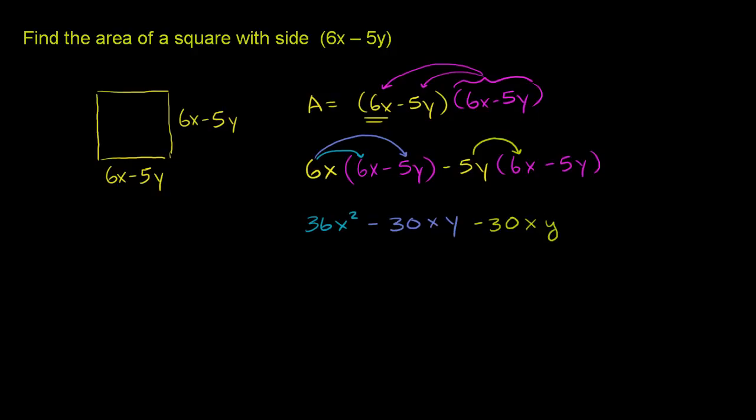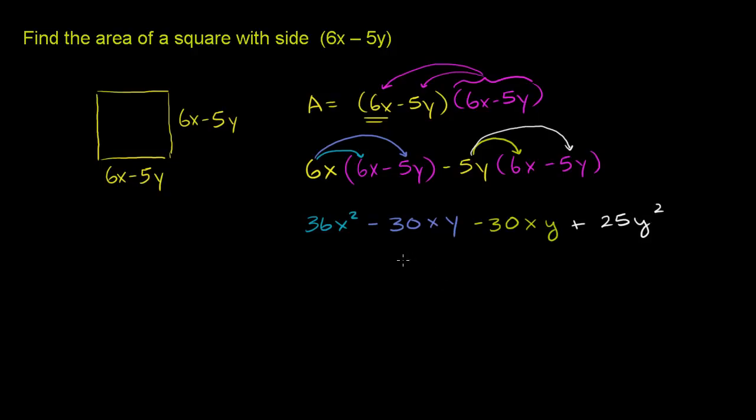And then finally, I have my last distribution to do. I have a negative 5y times another negative 5y. So the negative times the negative is a positive. 5 times 5 is 25. y times y is y squared.